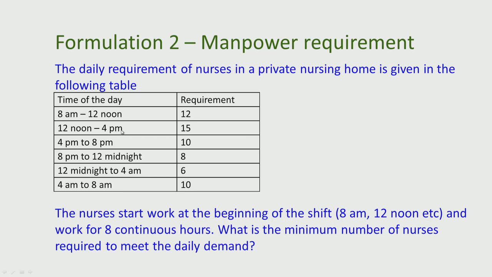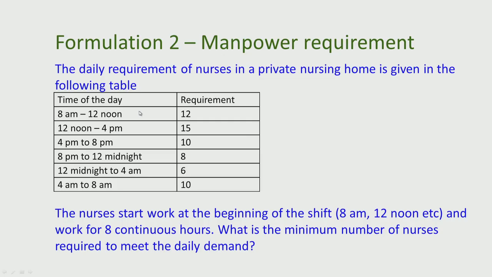Similarly, x2 plus x3, the number of people who actually work between 4 p.m. to 8 p.m., should be greater than or equal to 10. x3 plus x4 should be greater than or equal to 8, x4 plus x5 is greater than or equal to 6, x5 plus x6 is greater than or equal to 10, and x1 plus x6 is greater than or equal to 12, because to meet the 8 a.m. to 12 noon slot, those who come to work from 4 a.m. to 8 a.m. will be working in this slot.